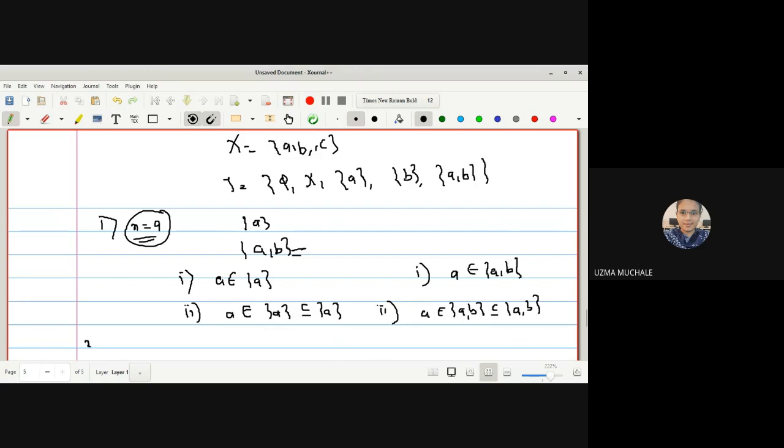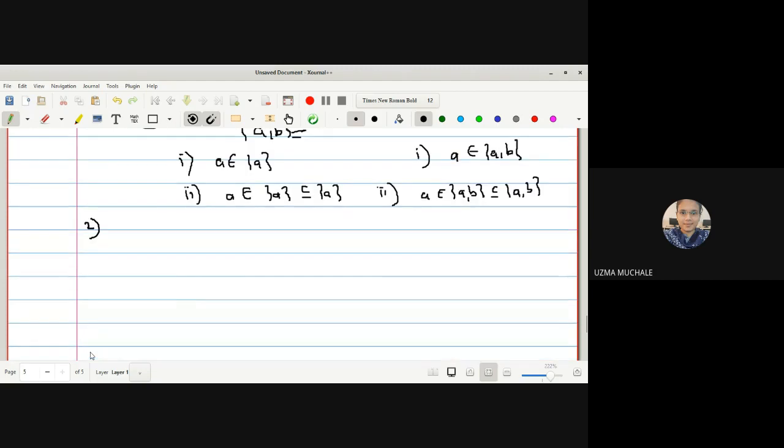It is good for X equal to A. Now let me check for X equal to B. What are the neighborhoods for X equal to B? Singleton B and AB.